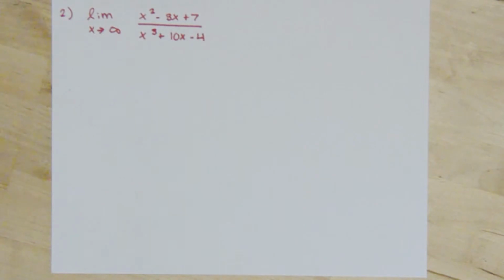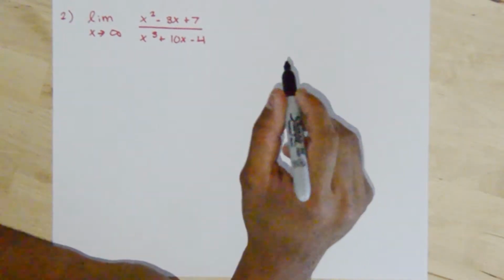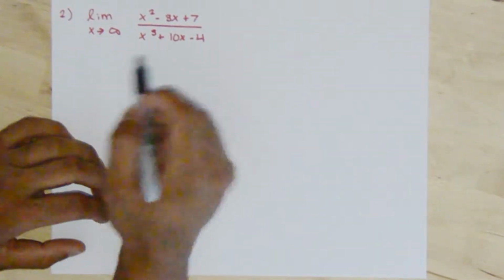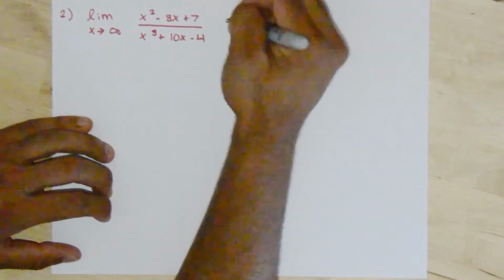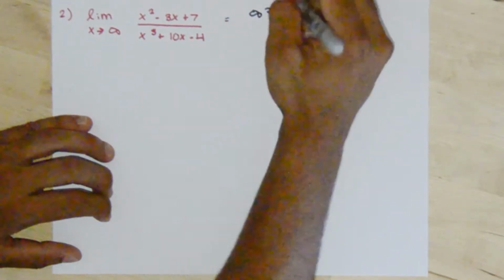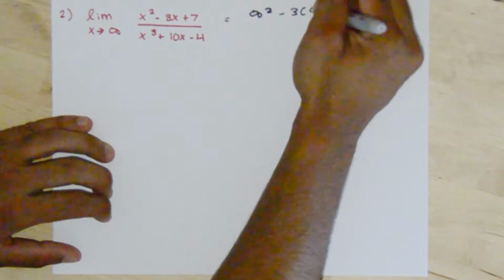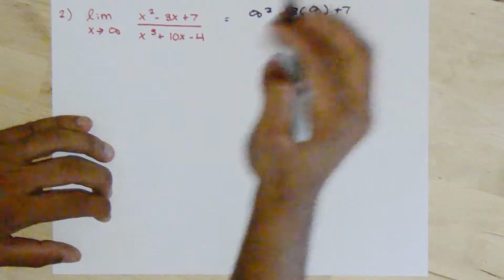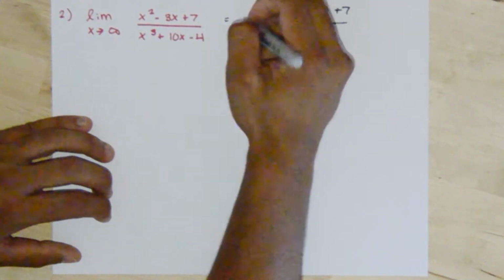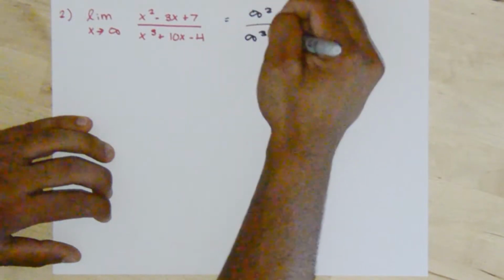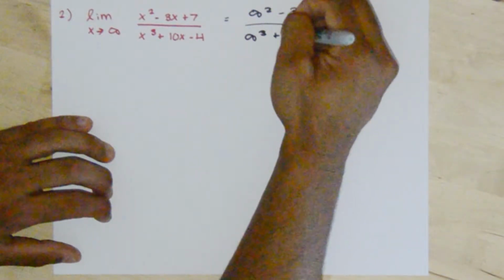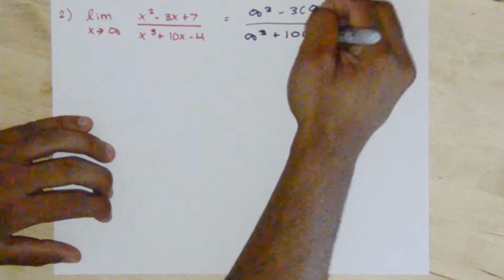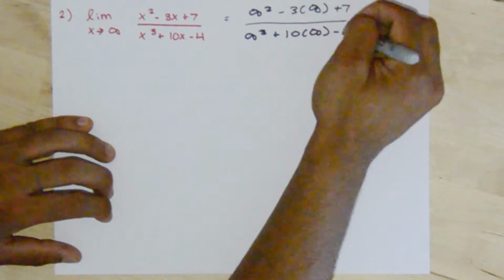So this next problem also is in fraction form, and if we plug in infinity for x, we get infinity squared minus 3 times infinity plus 7 all over infinity cubed minus 10 times infinity minus 4.